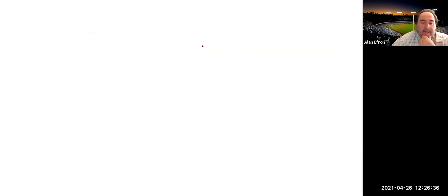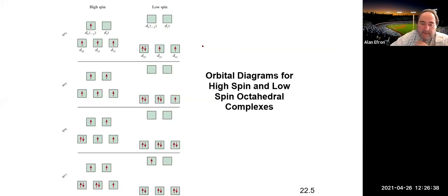Okay, then here's your different combinations that you could have for our octahedral complexes that have our distribution of electrons. Left-hand side is all of our high spin, which means these guys are pretty much weak field, which means small separation.